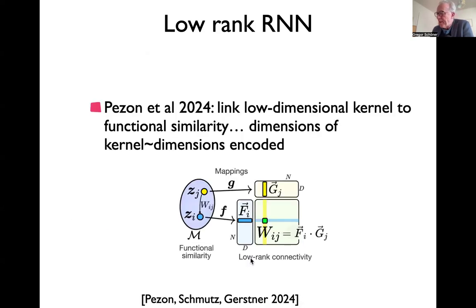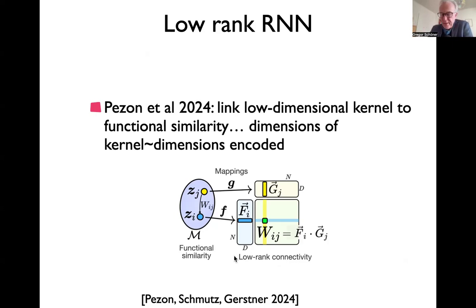This Petzon work is the most interesting in that it establishes a connection between this low rank connectivity and the dimensionality of the space that is being represented, that is being encoded, what they call a functional similarity. So if two neurons encode similar stuff, they have a similar tuning curve in our sense, then they will contribute in a particular way to this connectivity matrix.